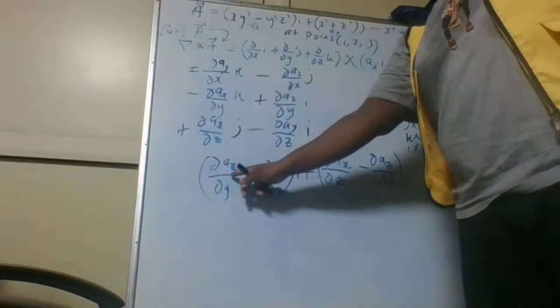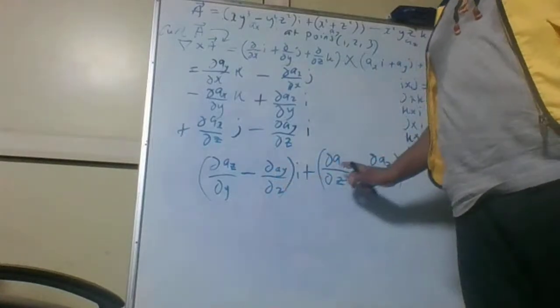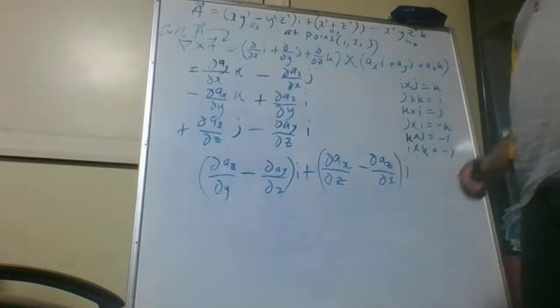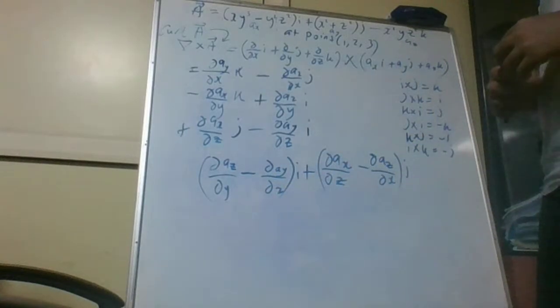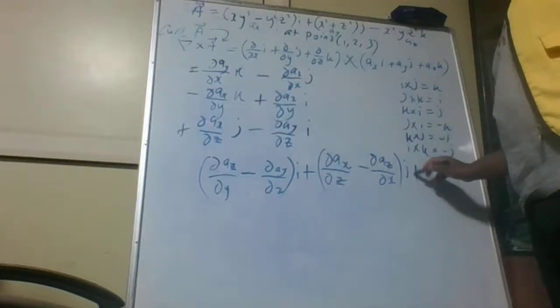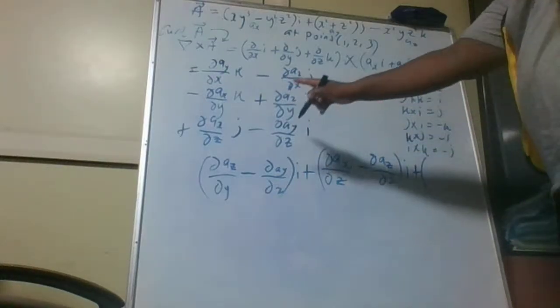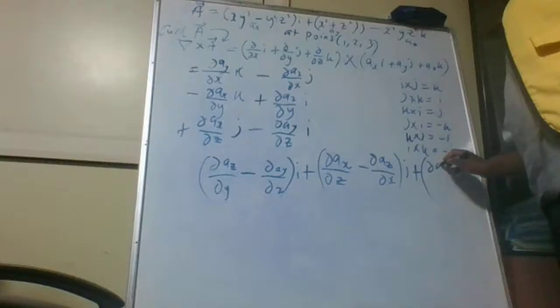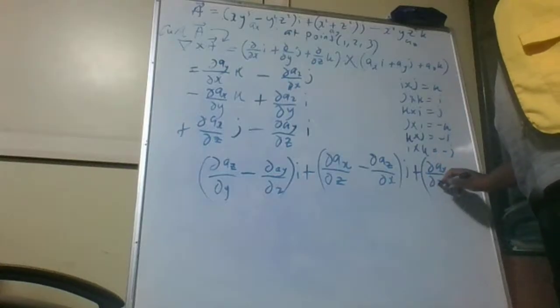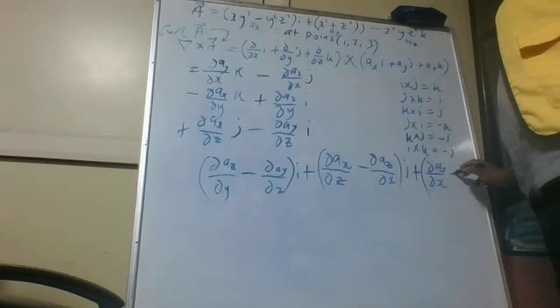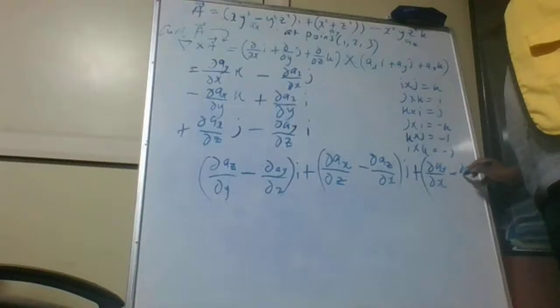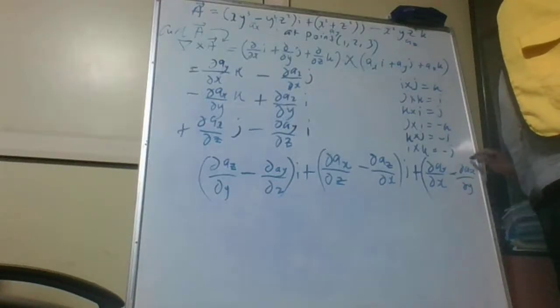One thing I've noticed is when you have z and y, you have y and z. When you have x and z, you have z and x. Okay. Then you have plus, that's for k, partial ay over partial x, negative partial ax over partial y, k.